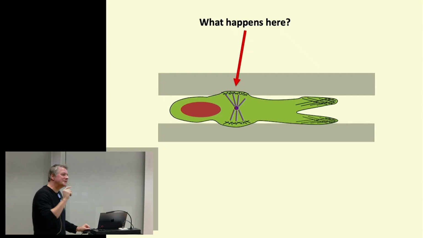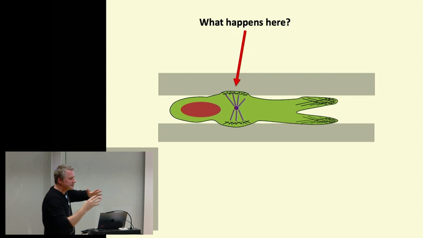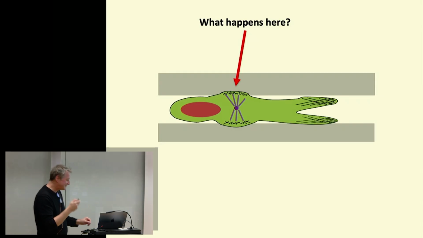For a cell that has a problem pushing outwards, going through a stiff constriction, pushing outwards is rather a waste of energy and time. So if you get rid of the mechanism, it gets through quicker. We showed that in WASP deficient cells, but we need soft channels, so I come to that.